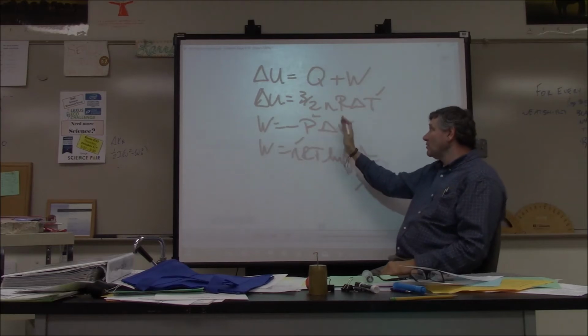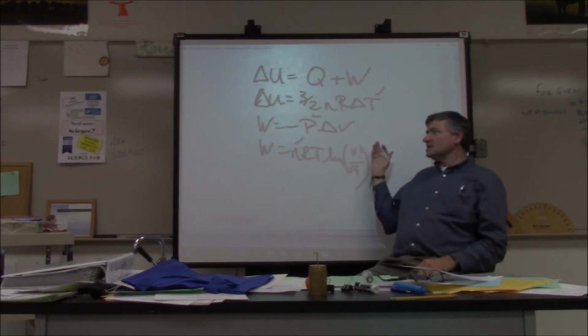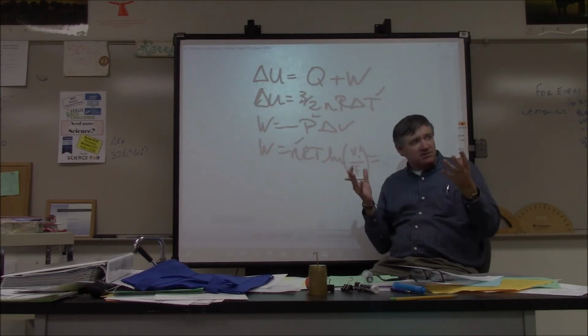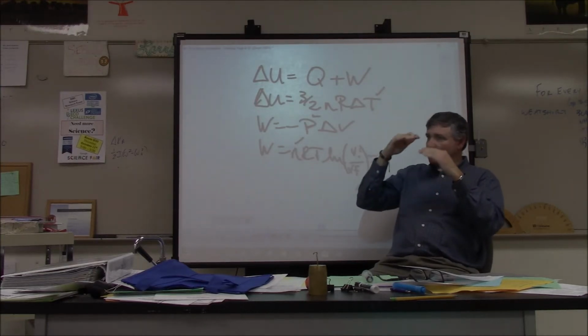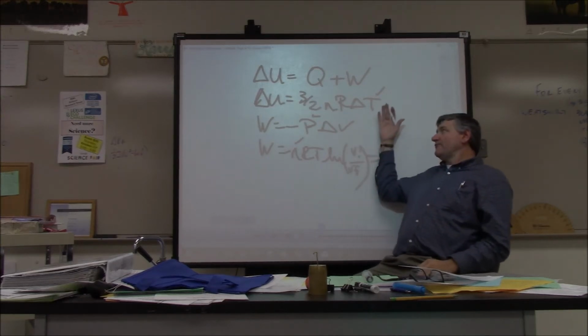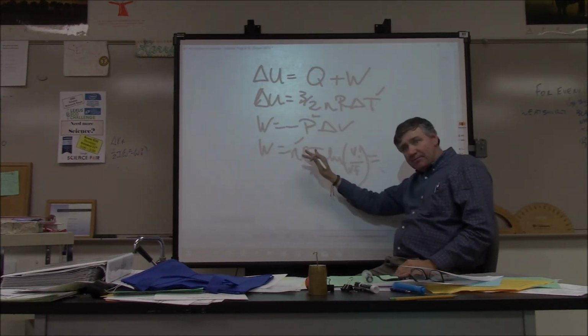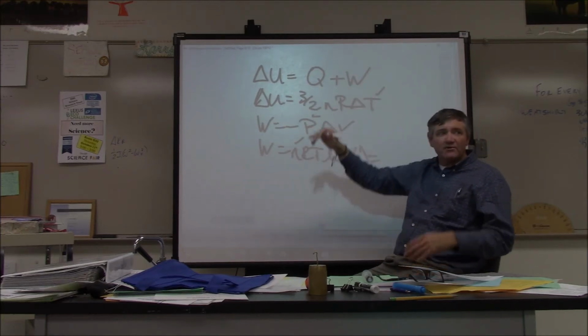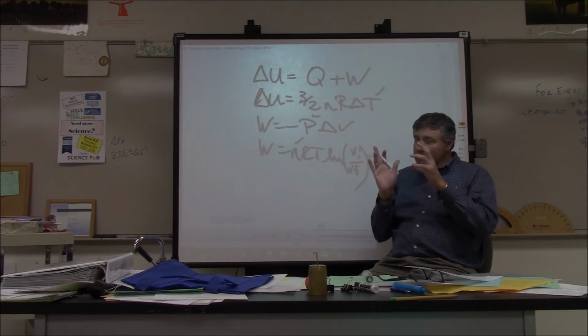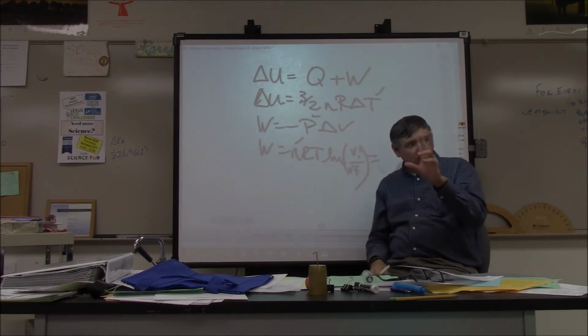So here's what's important conceptually: we measure what's happening on a macroscopic level. We measure temperature and how that fluctuates. We look at volume, we look at pressure. And from these macroscopic ideas, we figure out what's happening on an atomic level. So we can't observe an individual oxygen molecule.